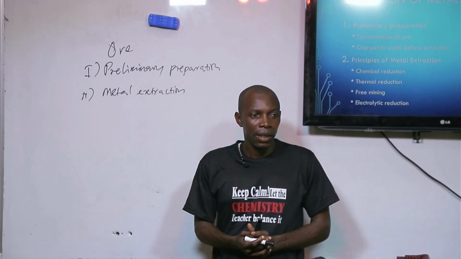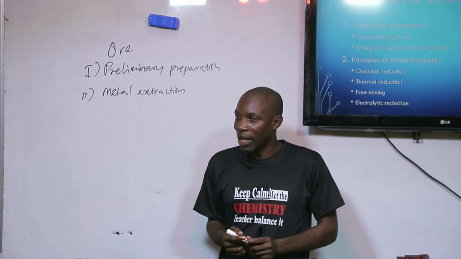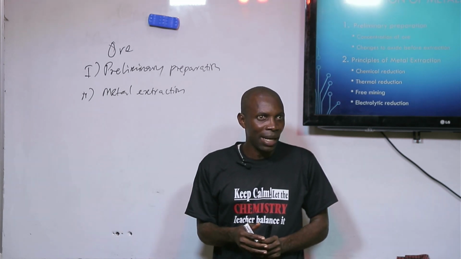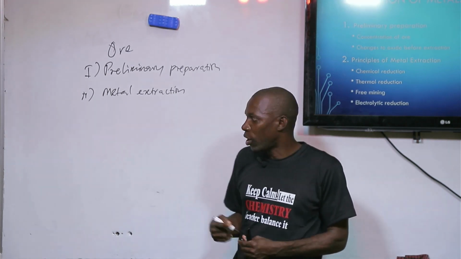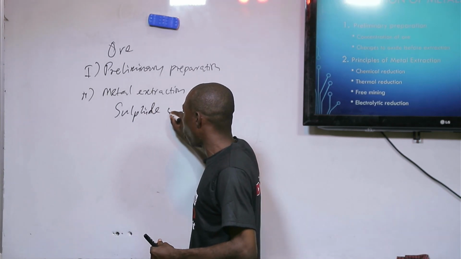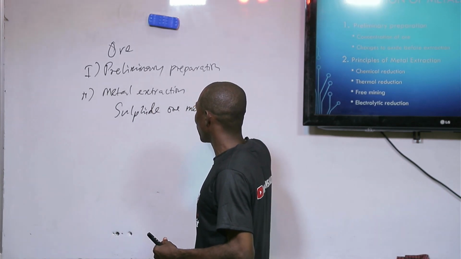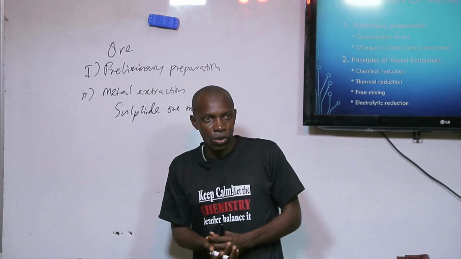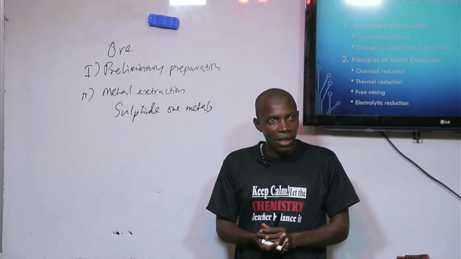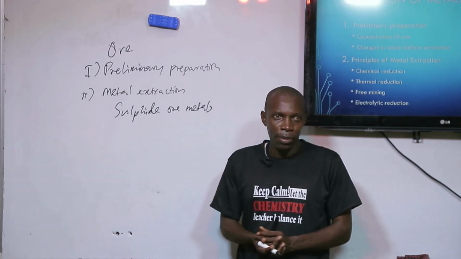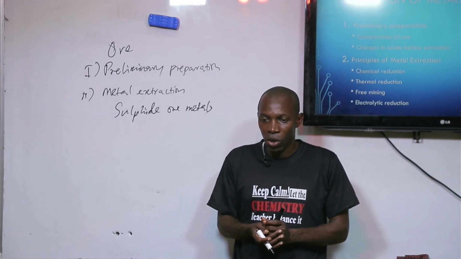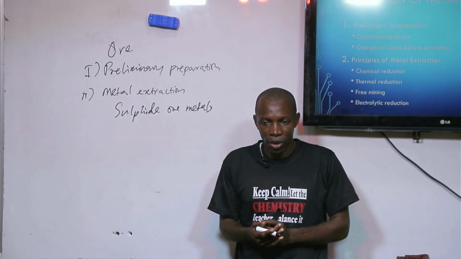An example of ores that can be gotten from preliminary preparation by concentration of the ore is what? Sulfide ore. Sulfide ore metals. The metals that contain what? Sulfur. Then, most times, the preliminary preparation also has to do with changing the ore to what? Oxide before you talk about what? Extraction.